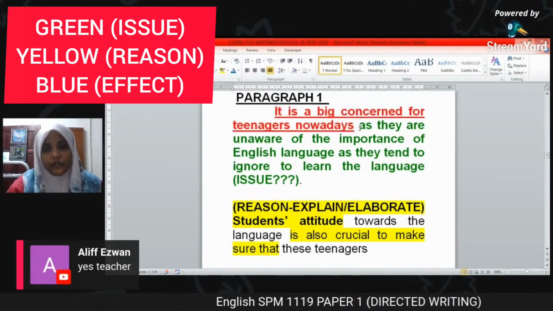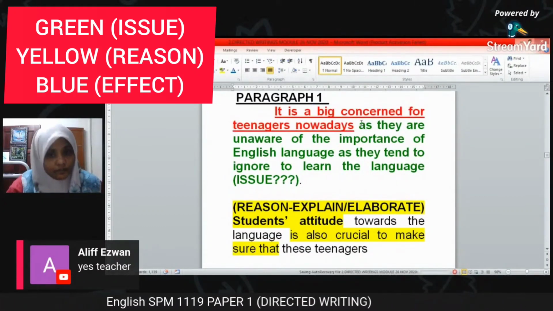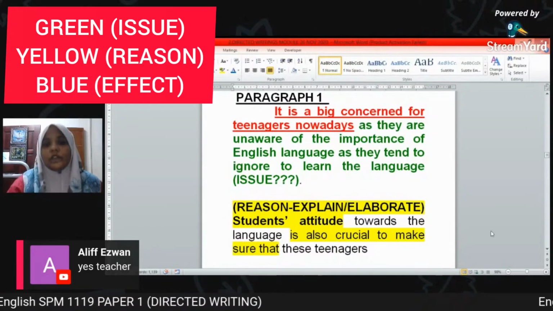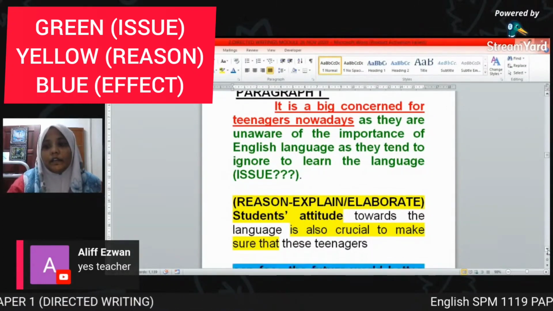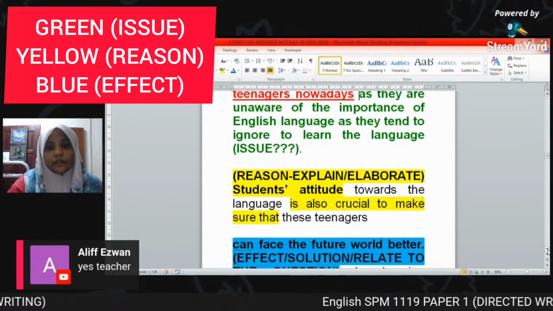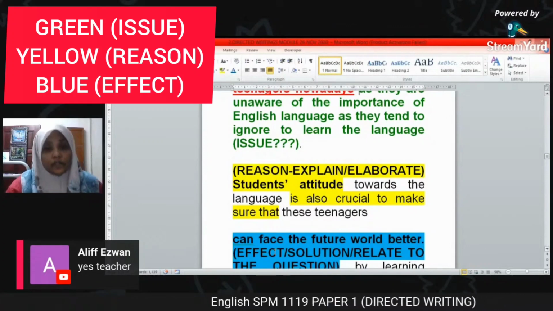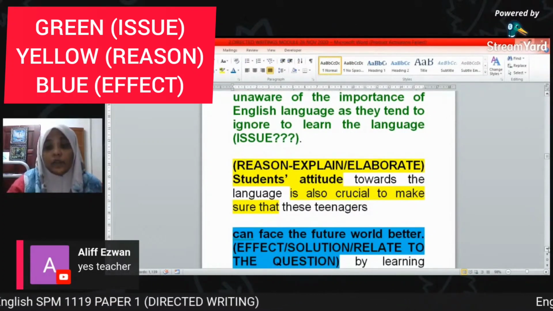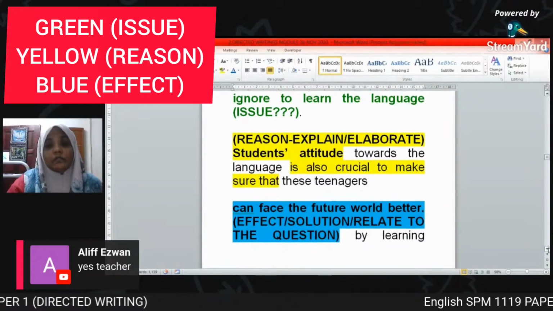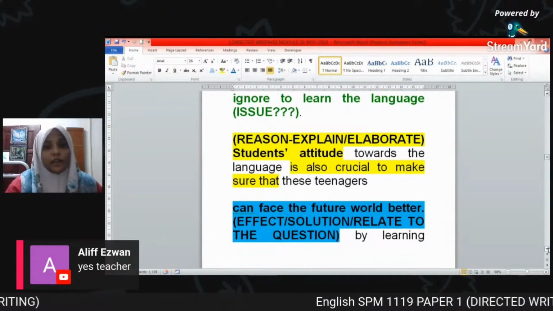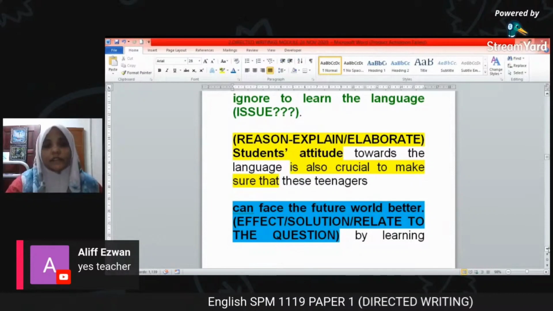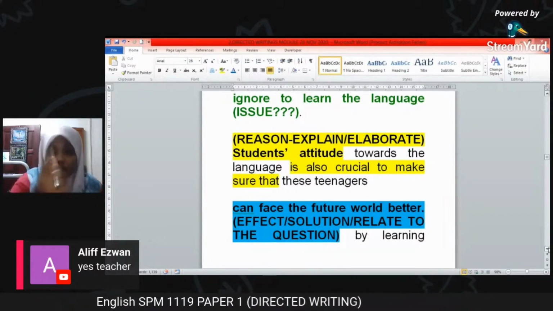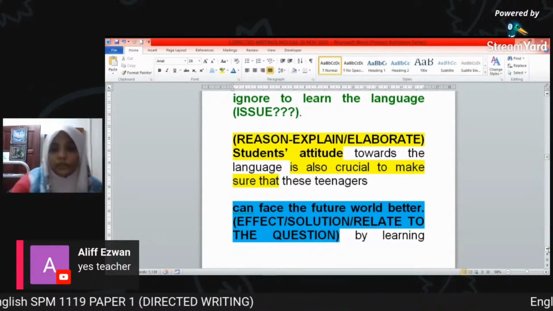All right. So you must have green color. What's the issue? And then you explain who's involved in it. Reason, explain, yellow color. And blue is where you give a solution, or what is the effect of the earlier sentence; it must be related to the sentence before that.